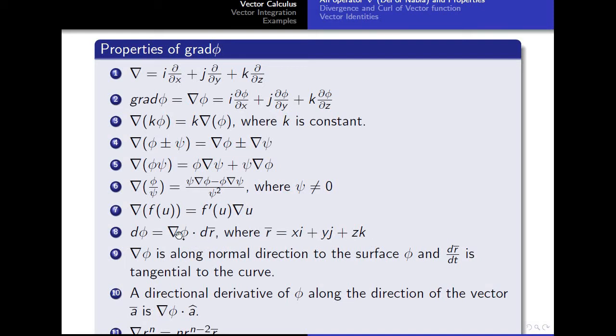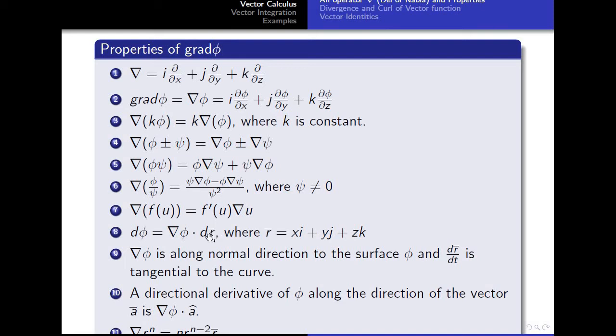And if in the usual case we take phi as a leveling surface or equipotential surface, then d phi becomes 0. Then we get grad phi dot dr bar equal to 0. That means the dot product of these two vectors is 0, so these two vectors must be perpendicular.